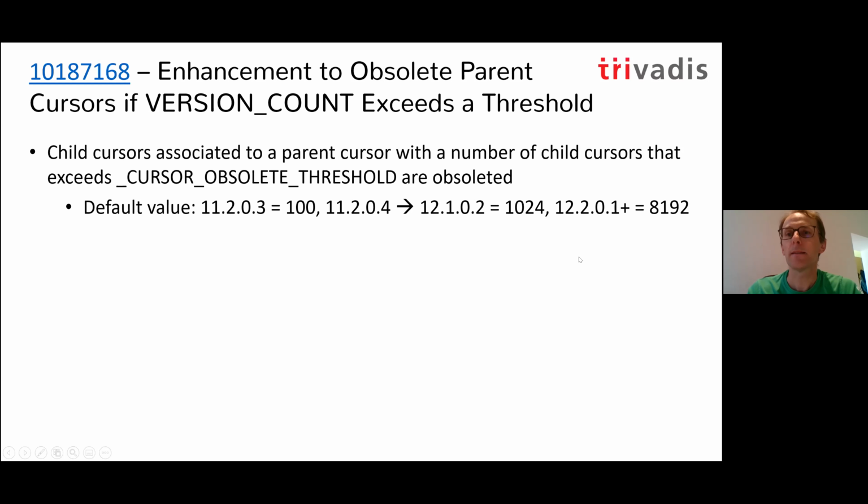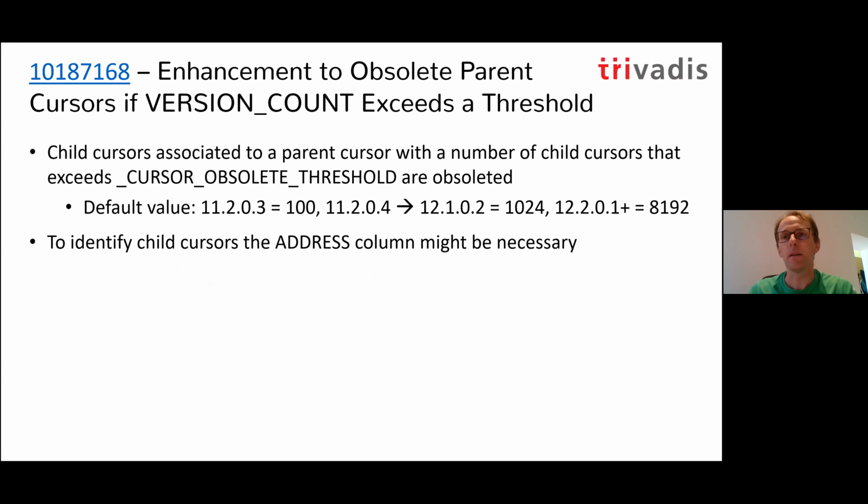Okay, and starting with 12.2, it was increased to 8,192. That's the maximum number of child cursors that a parent can have. And as I mentioned before, if the maximum is reached, they have to create a new parent and reuse that one.